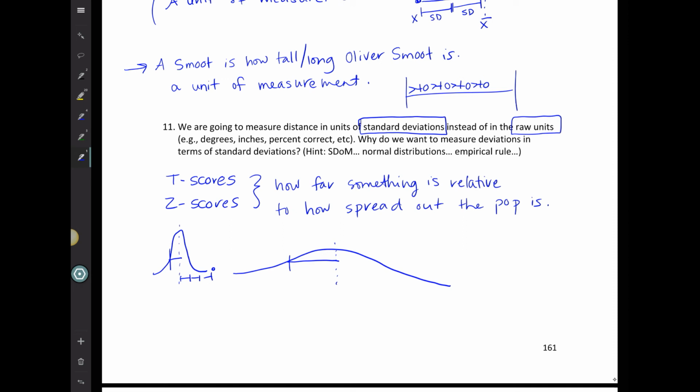If we have a point that could be anywhere, it could be here, it could be here, it could be here, but let's say our point is here, we want to see, okay, if my standard deviation is this big, how many standard deviations fit in this bridge or in this space, this distance between my data point, and the mean.